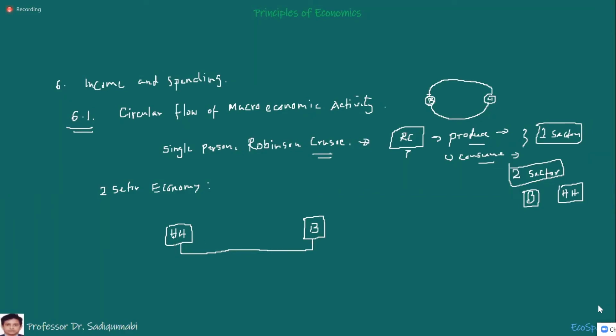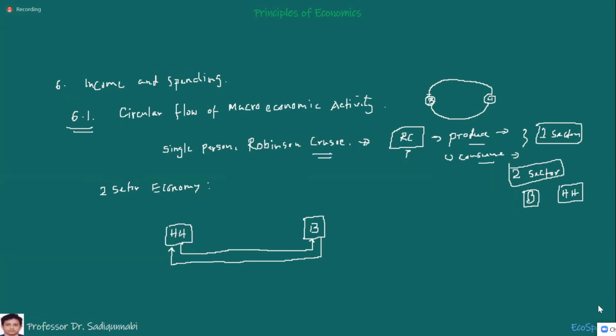One flow is from household to business, and this flow should be reversed from business to household, so the arrow is reversed.